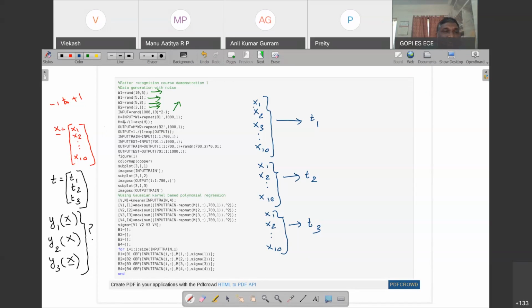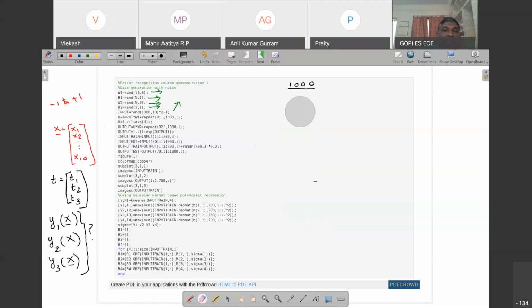Now you see here, we are dividing this data into training and testing parts. The training data is the noisy one. We have generated 1000 data, which means 1000 pairs of x and t, where x is a vector, of course.